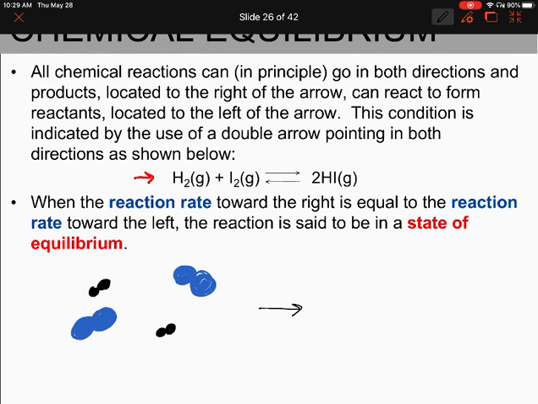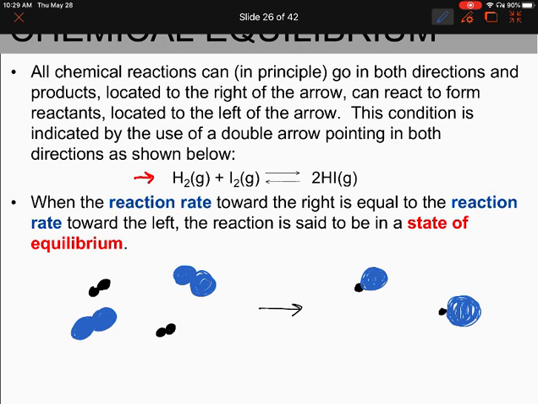So we'd have a mixture of atoms here. So we'd have a hydrogen bonded to iodine, and let's say we have another one over here. Okay, so those are our products.